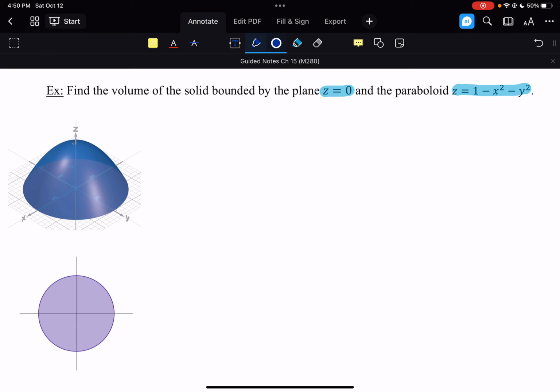If we look at the intersection of these two, we get 1 minus x squared minus y squared equals 0, which is just x squared plus y squared equals 1.